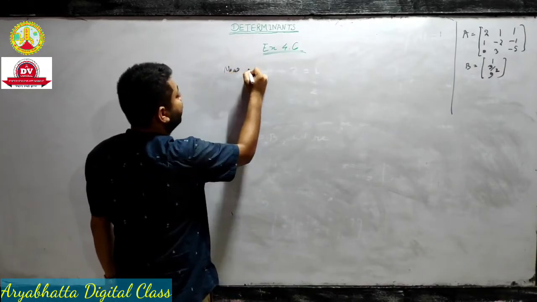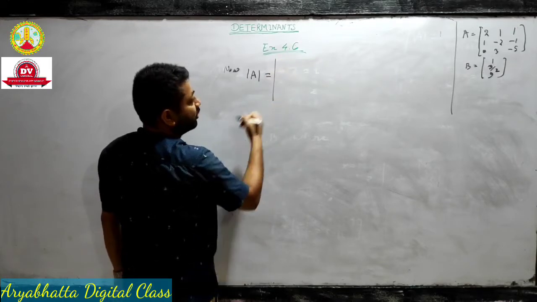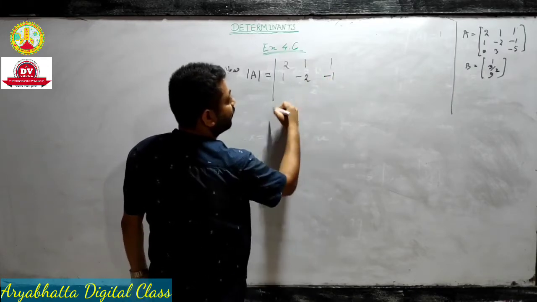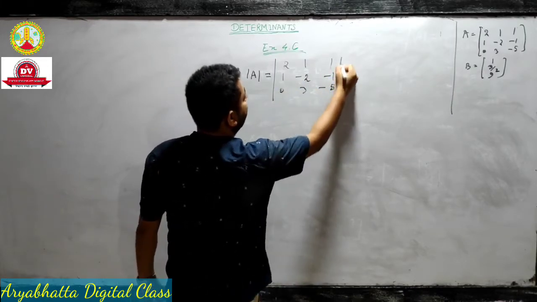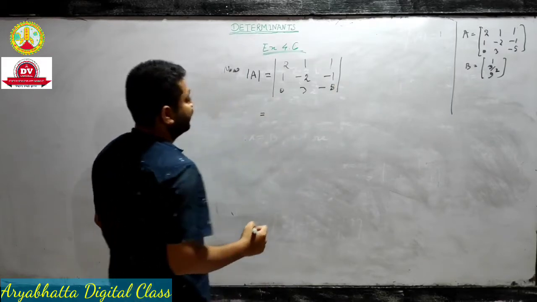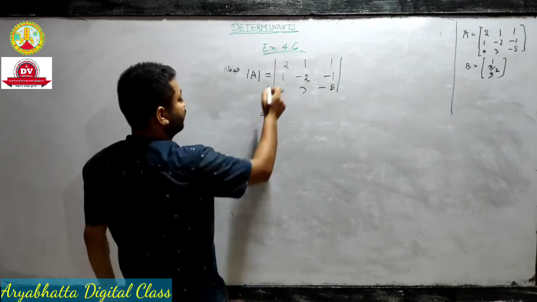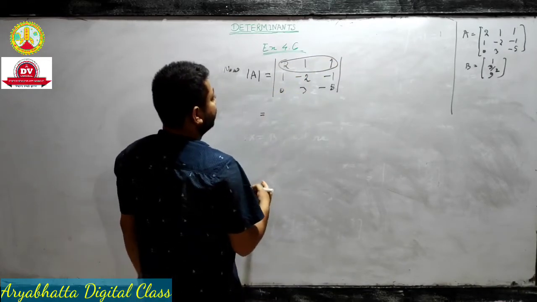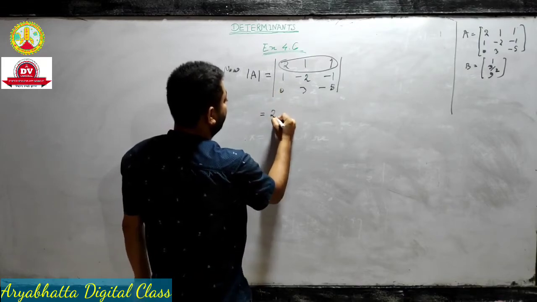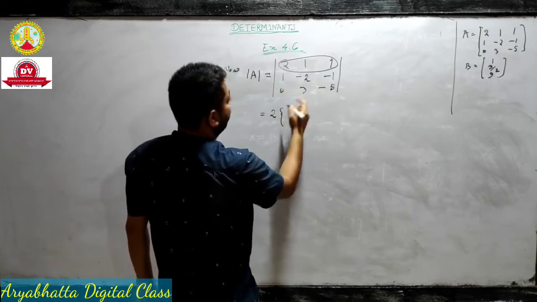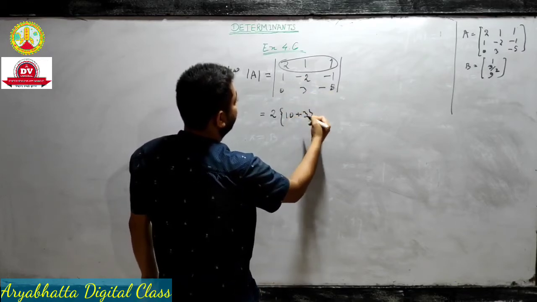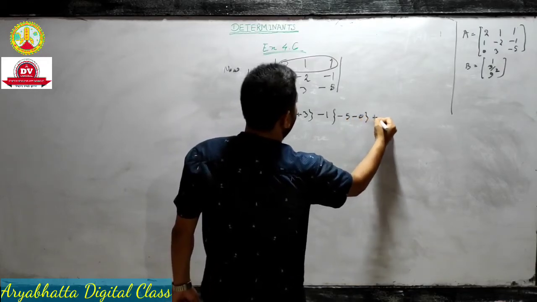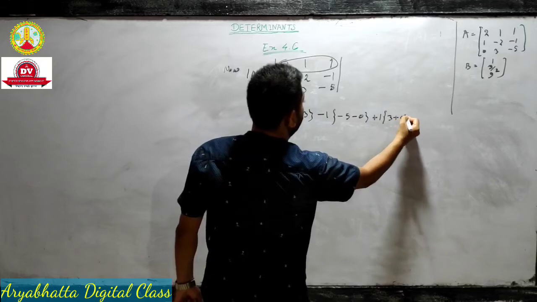Now, determinant of A is equal to determinant 2, 1, 1, 1, minus 2, minus 1, 0, 3, minus 5. Expanding using the first row, we have 2 into (10 plus 3) minus 1 into (minus 5 minus 0) plus 1 into (3 plus 0).